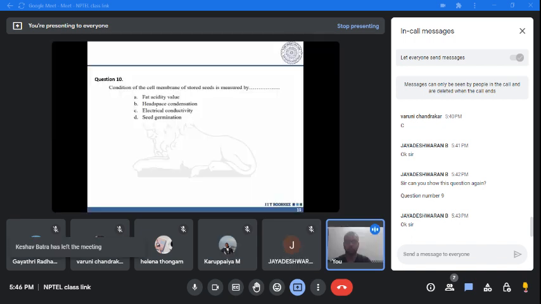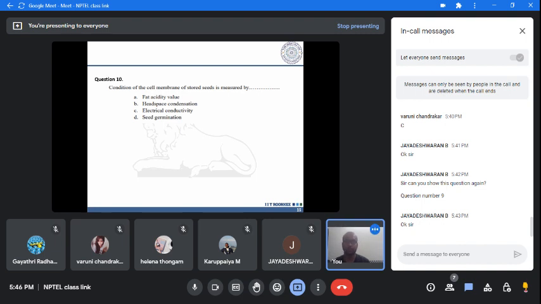Before that, please answer in the comment box if you know the question number 10th answer. Condition of the cell membrane of stored seed. If you have stored any seed in a cell or silo, how do you tell what is the condition of cell membrane of seeds?